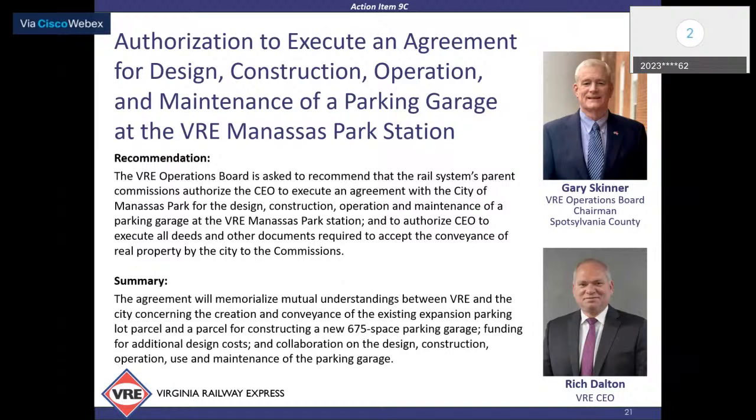So the background information in this agenda item's fairly detailed, but let me just break down some of the key elements of this agreement that's being recommended. So for design, just one thing I want to lift out here is that obviously we've been in close collaboration with the city of Manassas Park, working well together on a design.